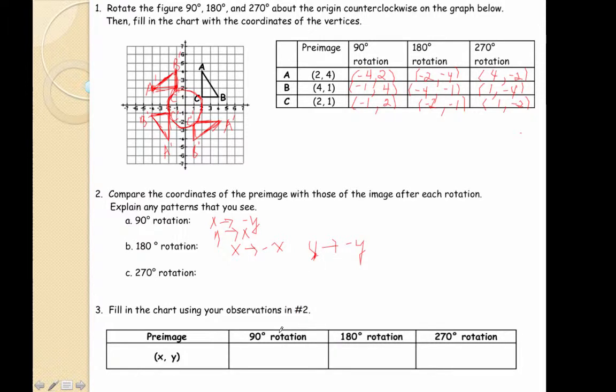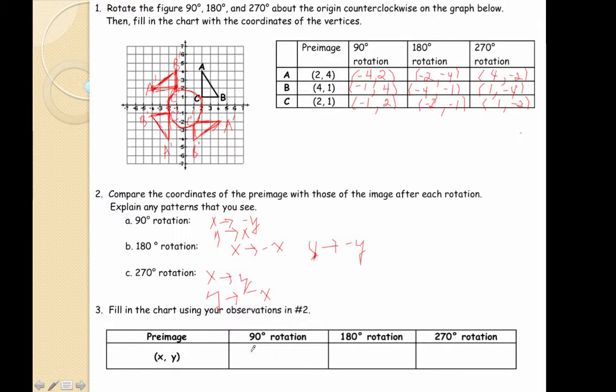For the 270-degree rotation, we did a swap again so that the new x was the old positive y and the new y was negative x.